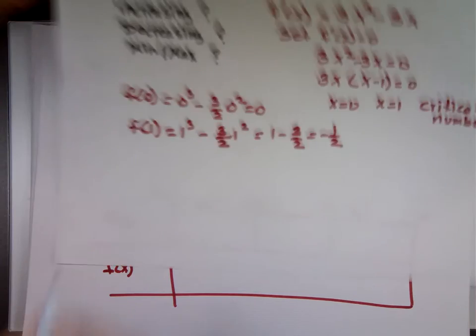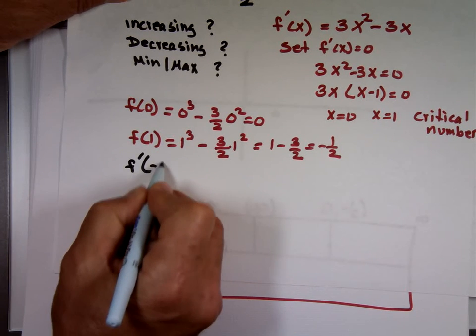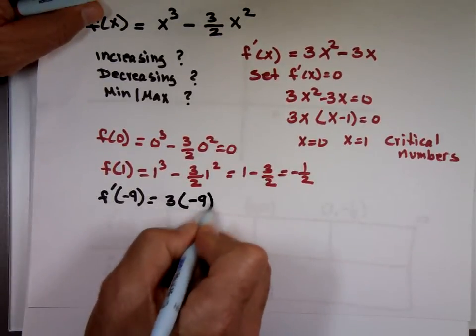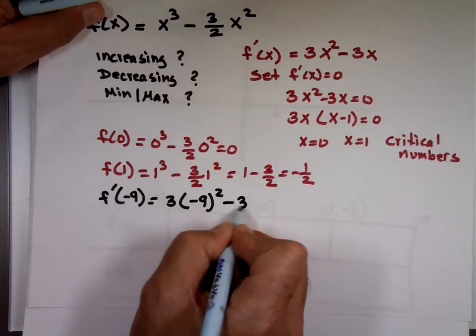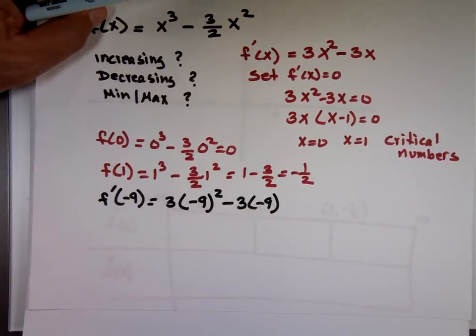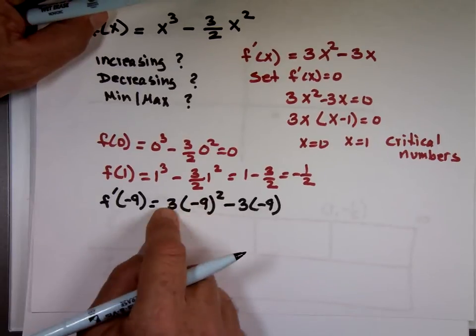So let's find the derivative at negative 9. Plug it into this one: 3 times negative 9 squared minus 3 times negative 9. What's negative 9 when you square it? 81. 81 times 3? That's why I don't like the 81. Is that 243? Yeah.